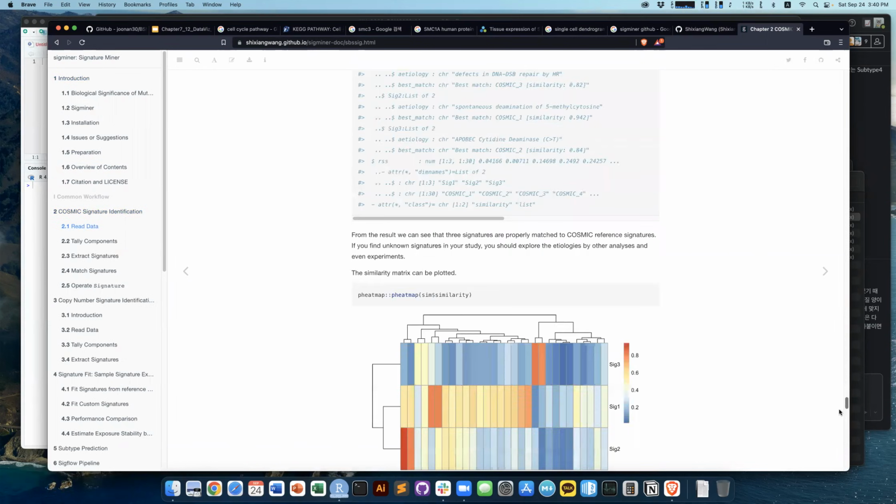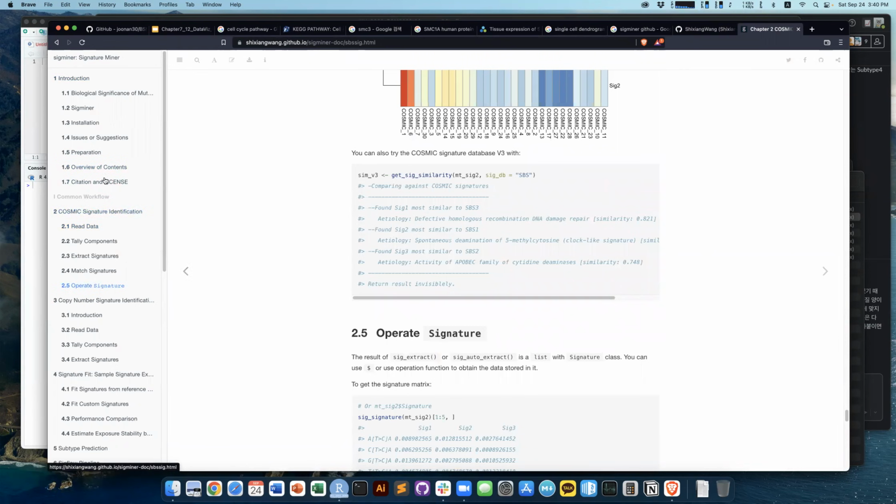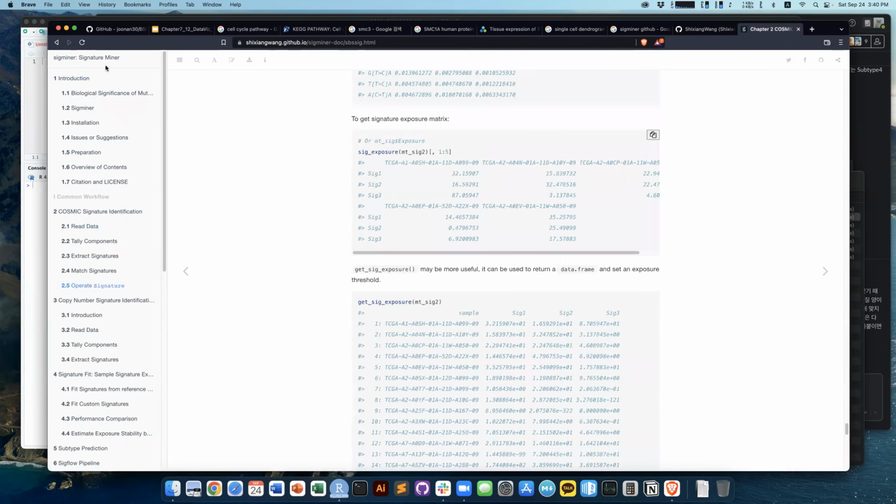And all the code is again all written in a public format book, right? So you don't have to pay anything. So you can go to this link, and if you are interested in genomics, then just install and follow the code in your RStudio, right? So why not? There are heaps of things you can learn from the internet, and definitely Sigminer is one of the things you can find useful.